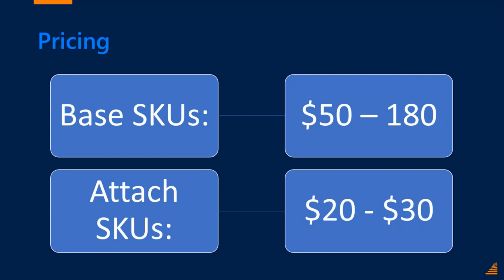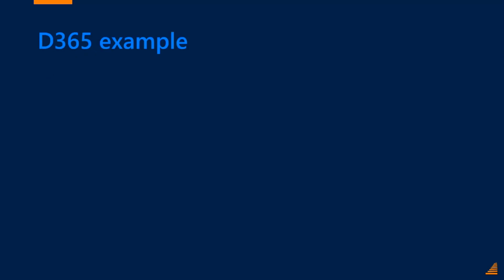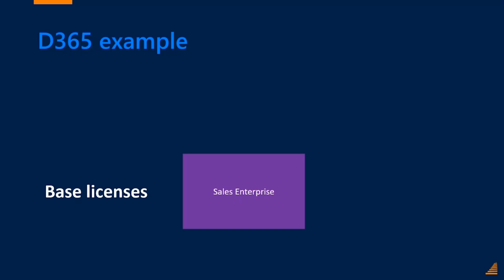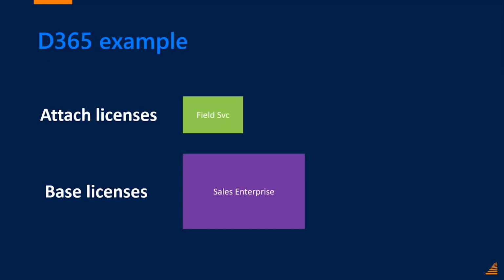So as an example, if we're doing Dynamics 365, you would have your base license. So it could be, let's say, Sales Enterprise. So the customer purchases that first, and then they can apply attached licenses. So they could have Field Service and Customer Service Enterprise could sit on top of Sales Enterprise.